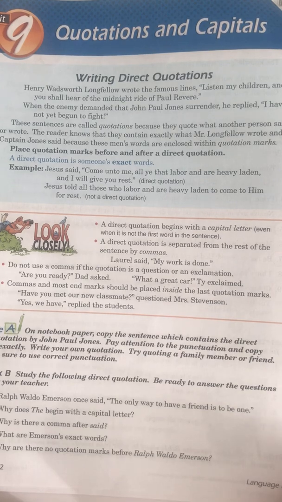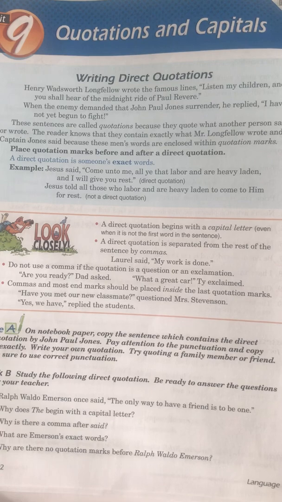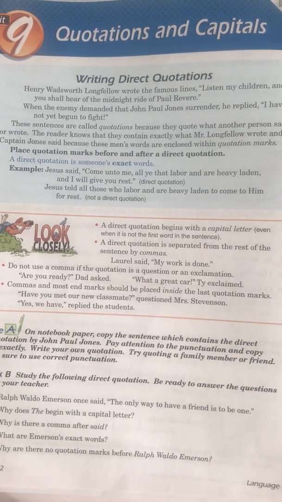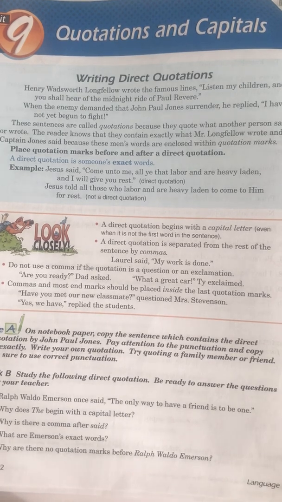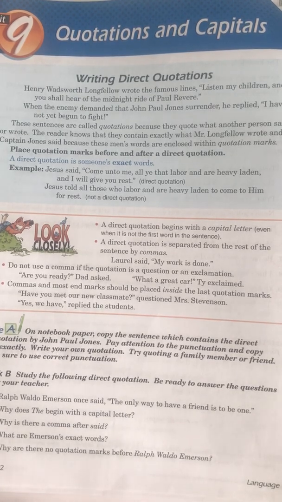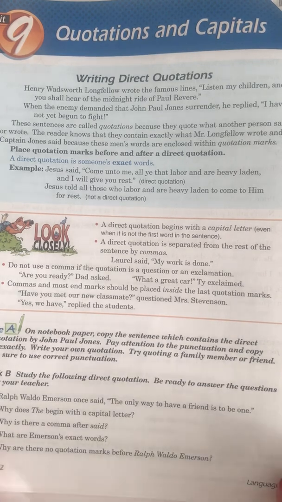So it says here, writing direct quotations. Henry Wadsworth Longfellow wrote the famous lines, "Listen, my children, and you shall hear of the midnight ride of Paul Revere." When the enemy demanded that John Paul Jones surrender, he replied, "I have not yet begun to fight." So notice how when you are going to say what someone else has said, you are directly quoting the words that someone said.